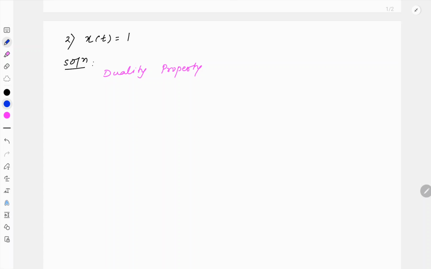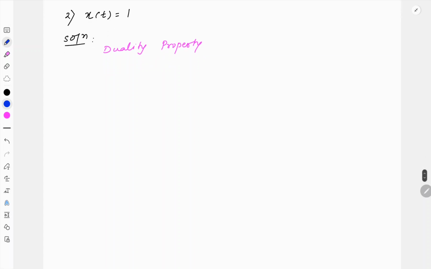This duality property states that if we have x of t and its Fourier transform is capital X of omega, and now if we try to find out the Fourier transform of capital X of t, it means from the above right hand side part, here we are replacing omega with t and we are taking it in the time domain.